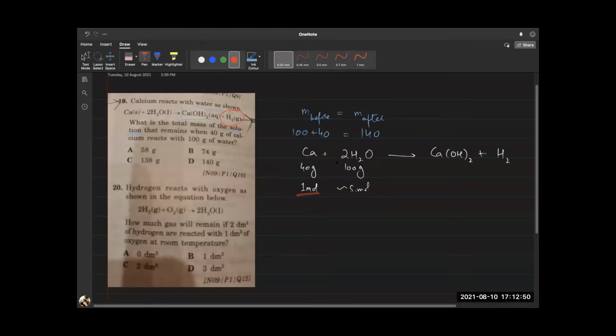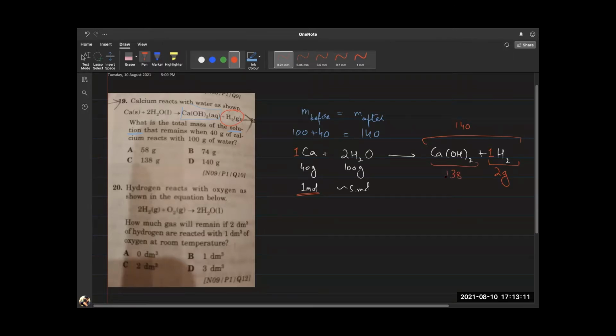That means 1 mole of calcium is going to react. Now, when 1 mole of calcium reacts, how much hydrogen is made? 1 mole. What is the mass of 1 mole of hydrogen? 2 grams. So that means overall this was 140, but 2 grams left the solution. So you're left with 138.